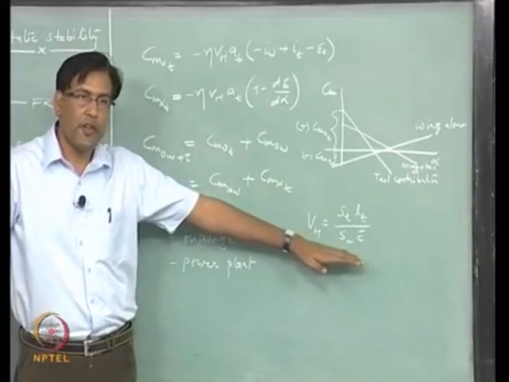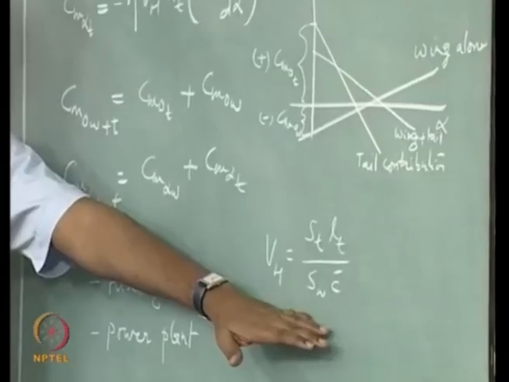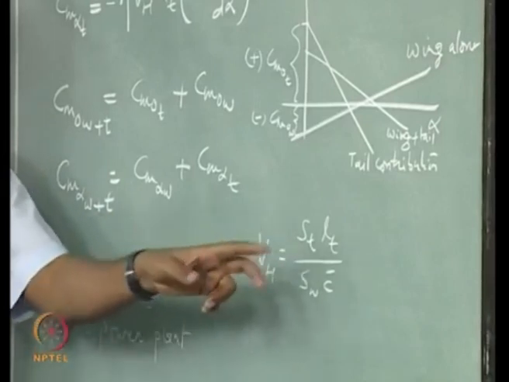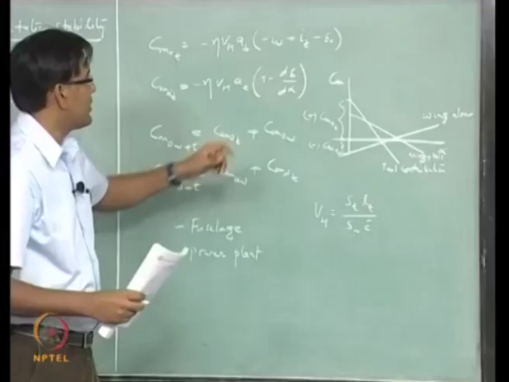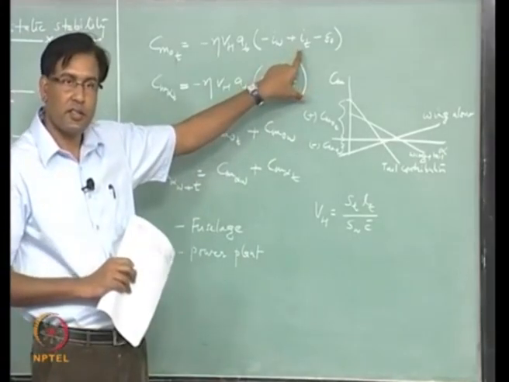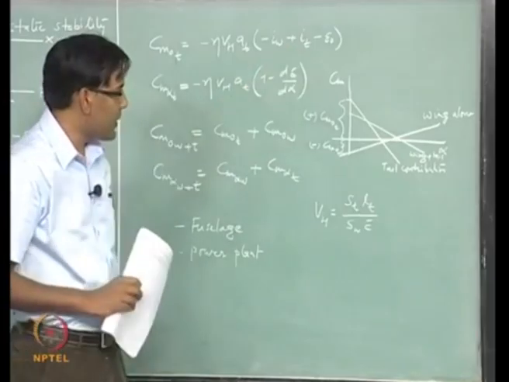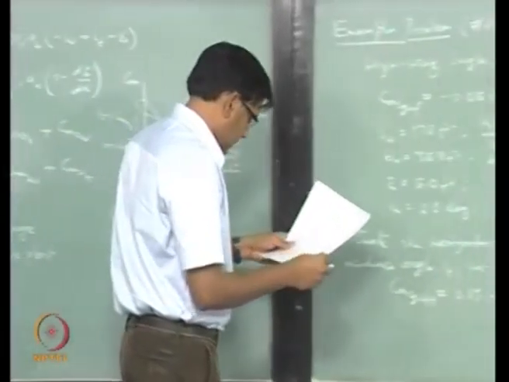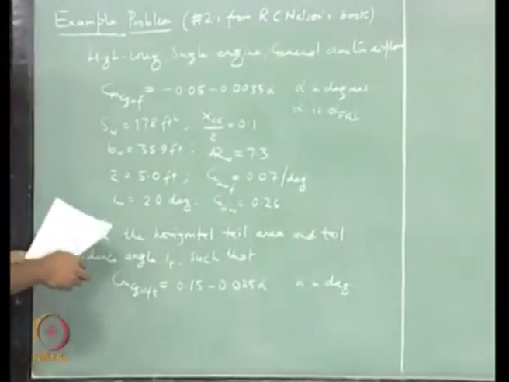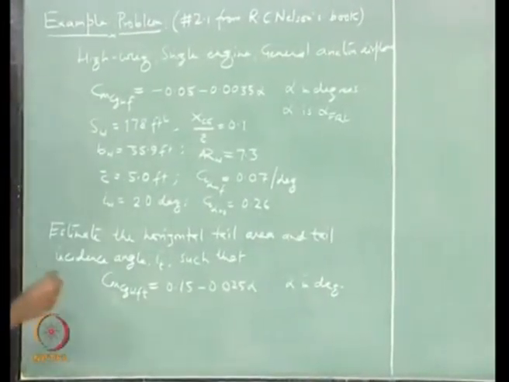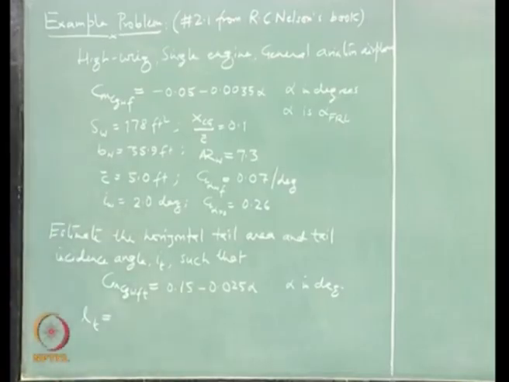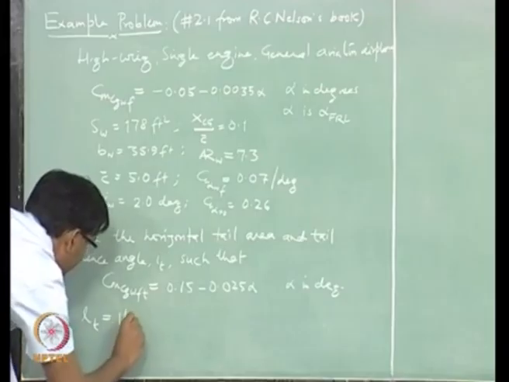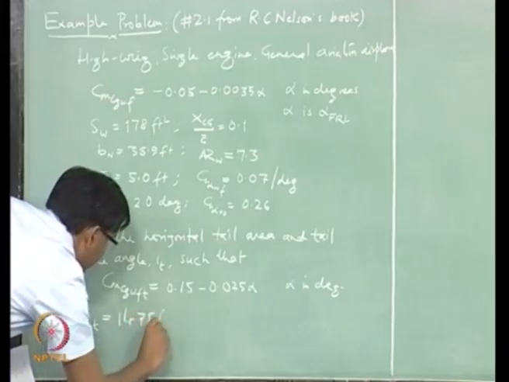After we have fixed the wing, to change this VH we can only play with ST or LT, right, and the tail setting. Okay. Other parameters that are given are these.